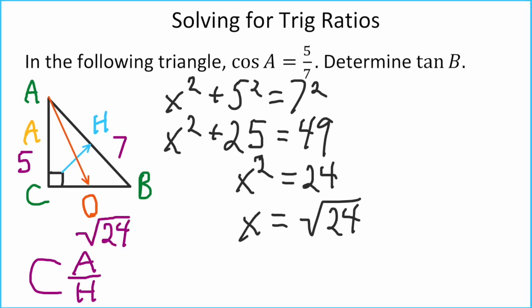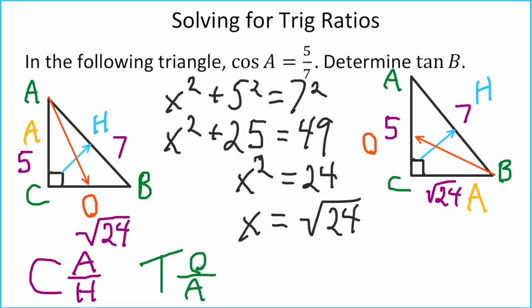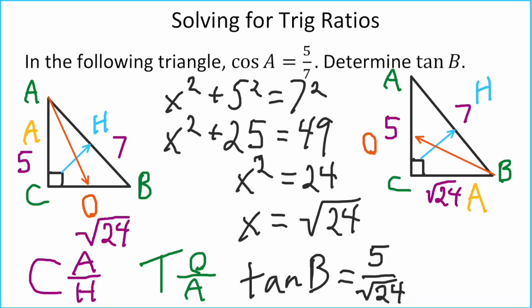All right, so now I'm going to redraw my triangle, because this time I'm going to do tangent of B, and I need to remark it. So hypotenuse is the same, but now the opposite side is the 5, and the adjacent side is radical 24. TOA is what we're going to use for tangent, and that means my tangent of B is going to be opposite on top, 5, over radical 24 for the adjacent.